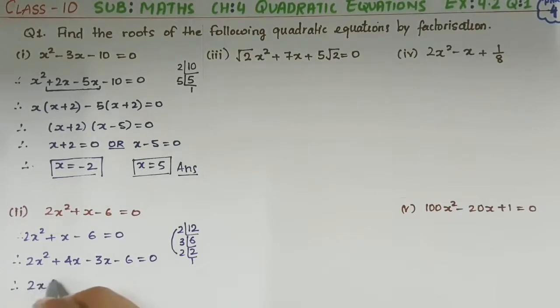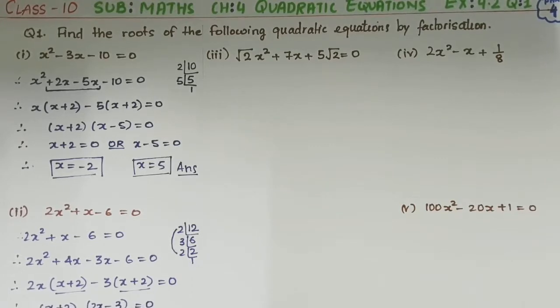Taking 2x as common, taking 3 common, as you know this should come same, so x plus 2 and 2x minus 3 equals to 0. Therefore x plus 2 equals to 0 or 2x minus 3 equals to 0.